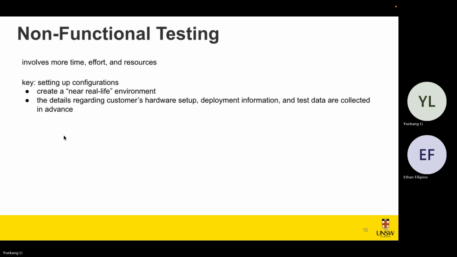Normally we care, and this is from the textbook, which is a little bit outdated, about these four types of resources when we set up the environment. We care about the network, the disk, the CPU, and we also care about the memory of the computer.